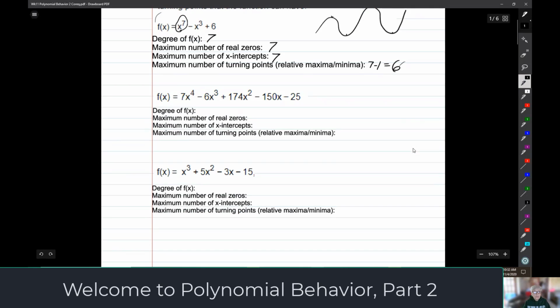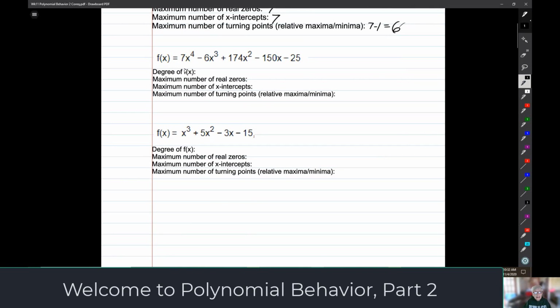Same thing here. Here, the leading term is 7x to the 4th. The exponent of the leading term is 4. So the degree of the entire polynomial is 4. So 4 is the maximum number of real zeros.